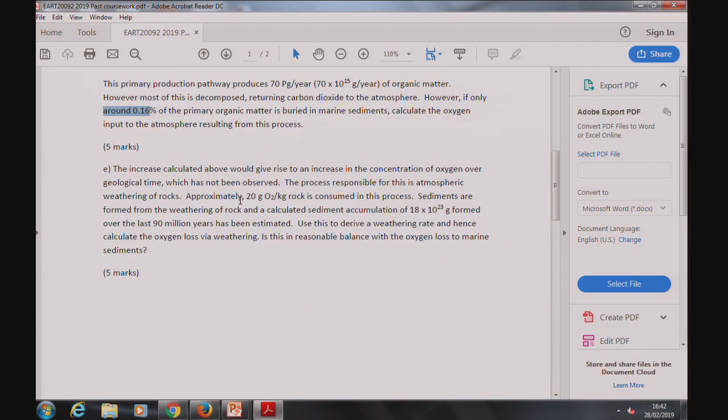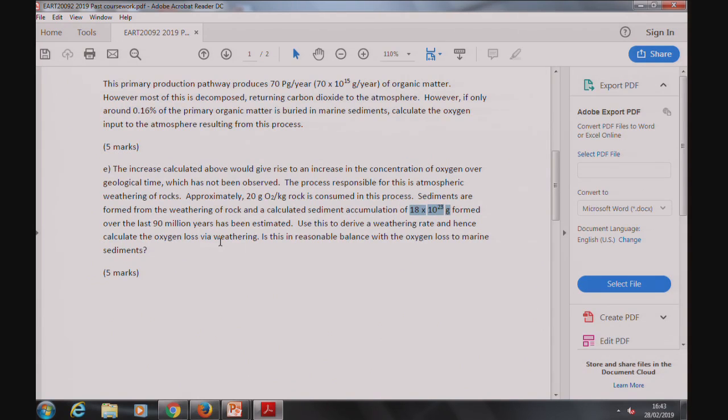It says approximately 20 grams of oxygen per kilogram of rock is consumed in this process. Sediments are formed from the weathering of rock, and a calculated sediment accumulation of this many grams of rock is formed over the last 90 million years. So we can use this to derive a weathering rate and hence calculate the oxygen loss by weathering. Okay, so that's quite a wordy question.